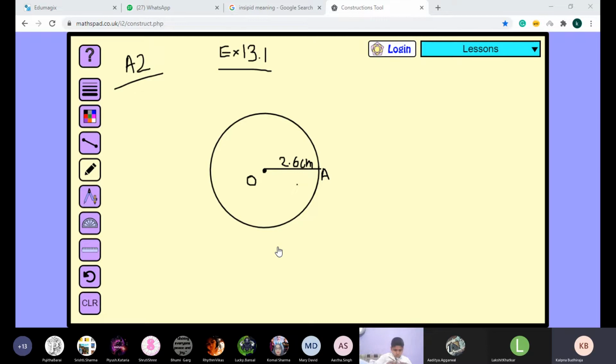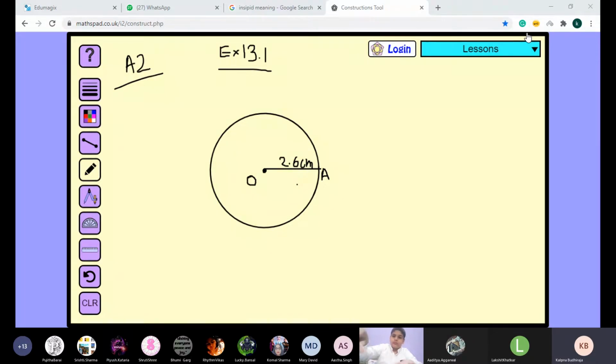Even if you miss any point, or have not done the labelling, do the labelling part at the end. First complete the drawing. Otherwise, if we keep waiting for one question, it will take longer for us to complete.